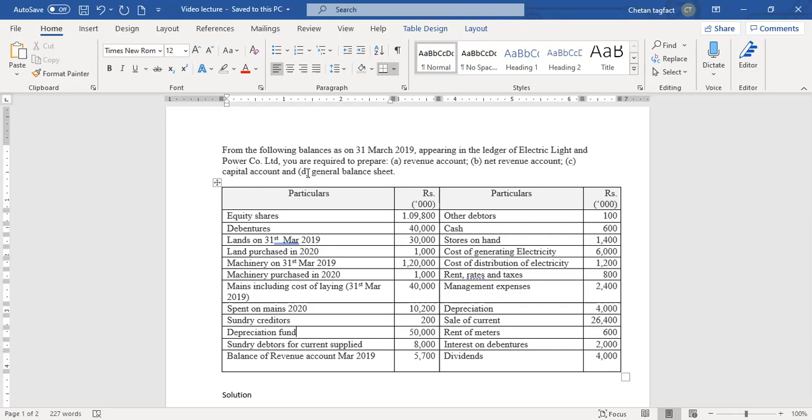The capital account is prepared in a columnar form with 3 columns on either side of the account. On the receipts side, the first column represents capital receipts at the end of the last financial year. The second column represents the capital receipts during the current financial year.